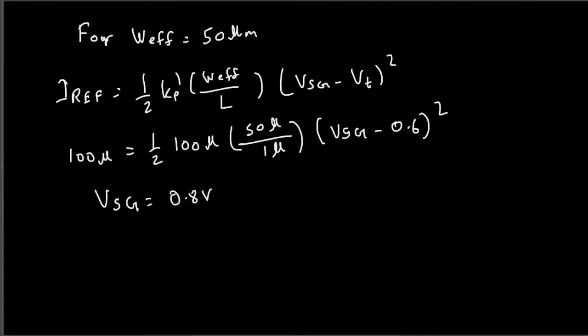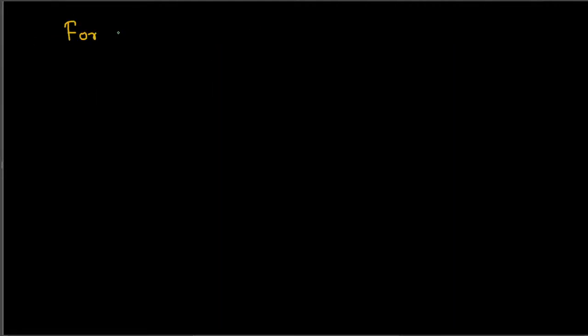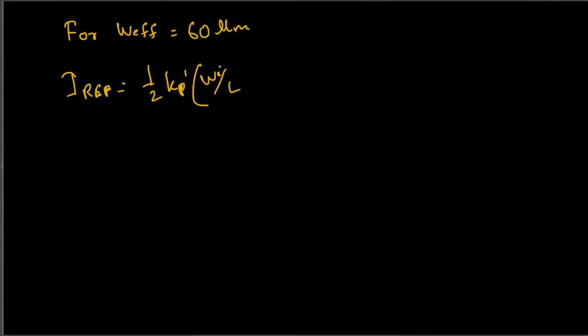Okay, do the same thing for the third one. Let me do this on a new page. The third one is for W effective of 60 micrometer. I reference is equal to half Kp prime, W effective over L, times VSG minus VT, whole square.